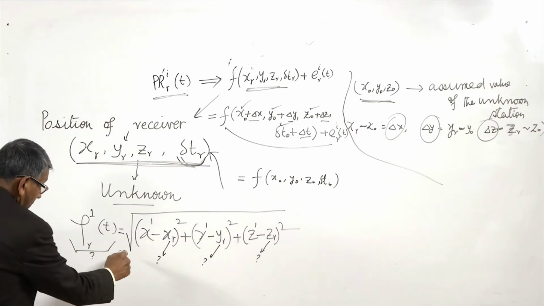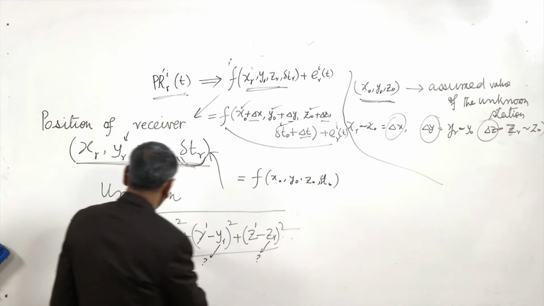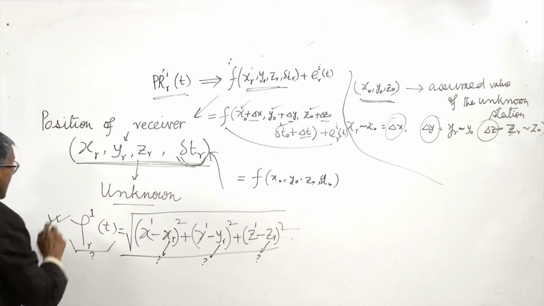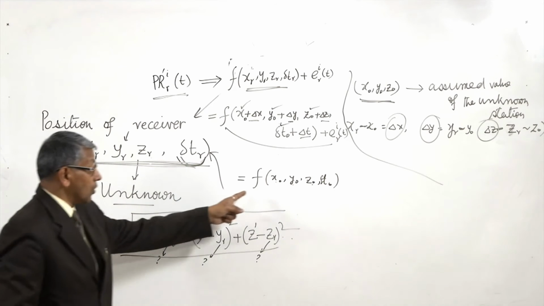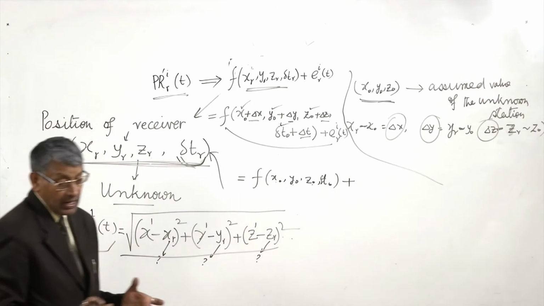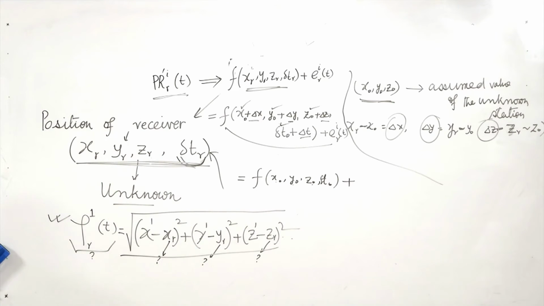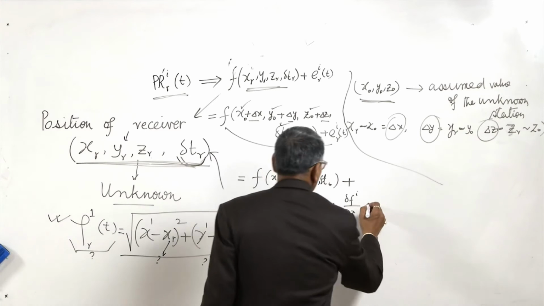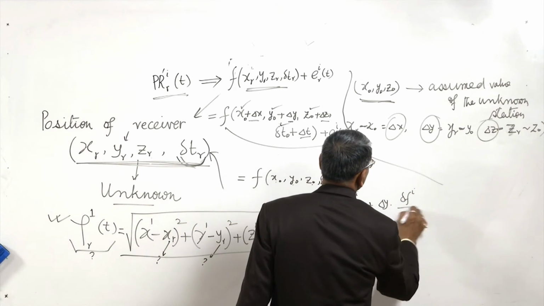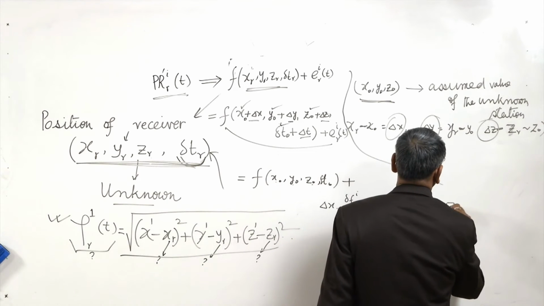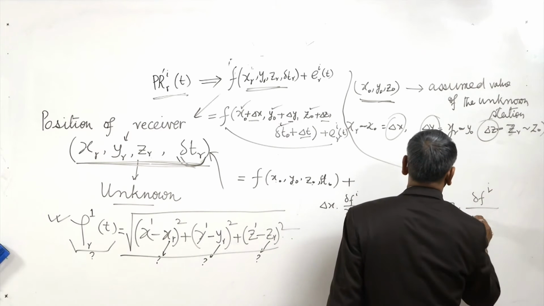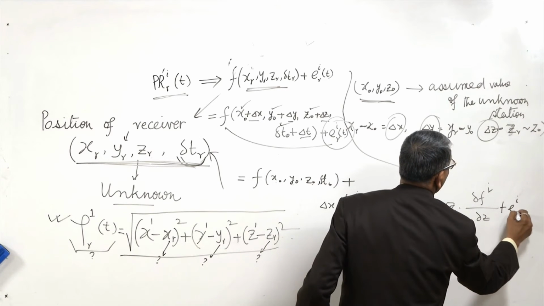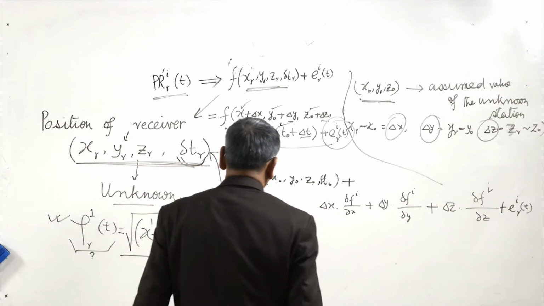In this relation, instead of xr, if we put these values, we will get the approximate geometric range which is known, plus, from Taylor series taking the first partial derivative, del x into df i by del x plus del y into df i by del y plus del z into df i by del z, and then this error e.